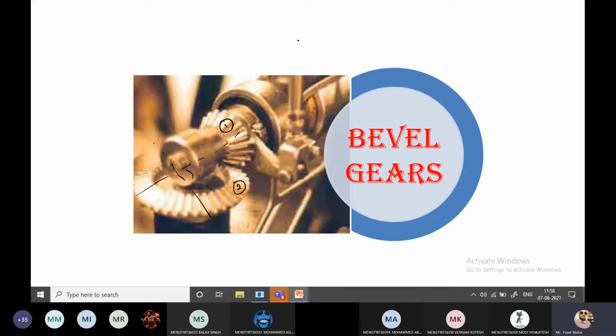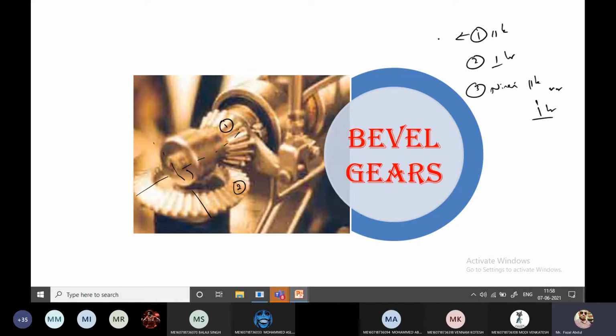How many classifications do we have? First one is the parallel axis, second one is the intersecting axis, third one is neither parallel nor intersecting. These three classifications we have.